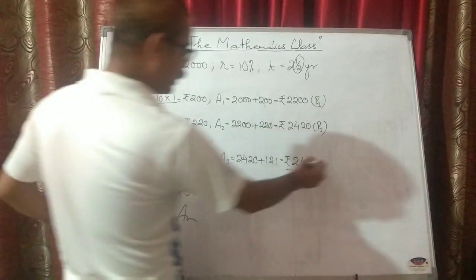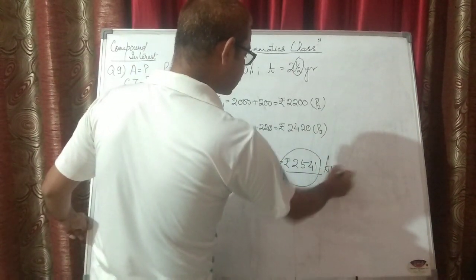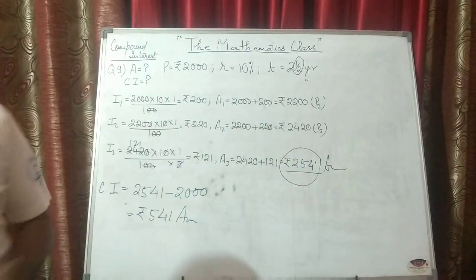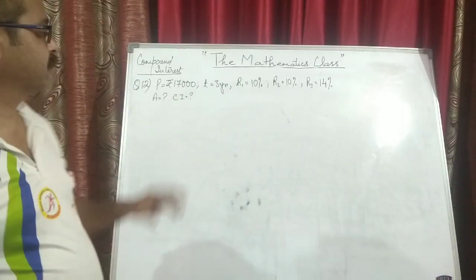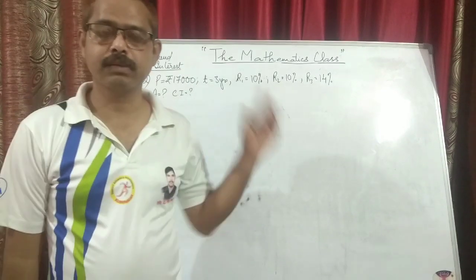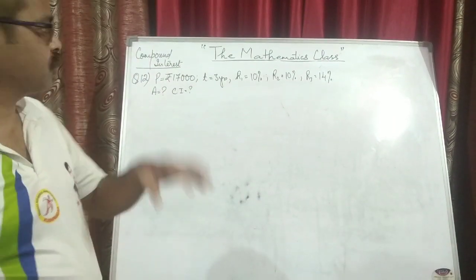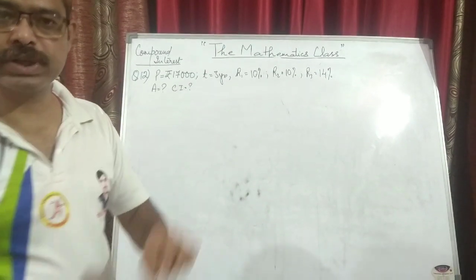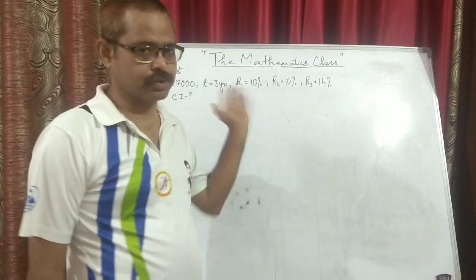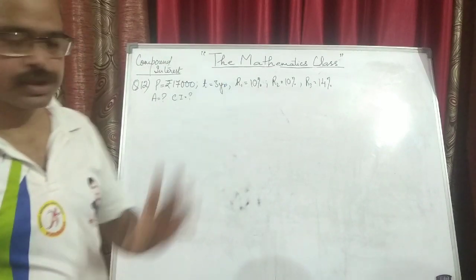That is the final value, as well as this is the final value. By this time we have done a few questions based on compound interest. I hope you must have been clear with the concept and how to use the formula for simple interest to calculate the compound interest.